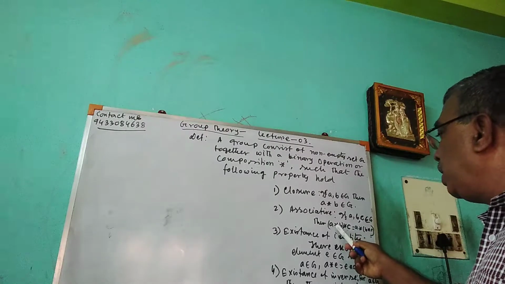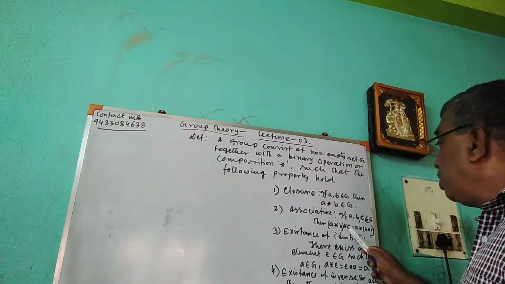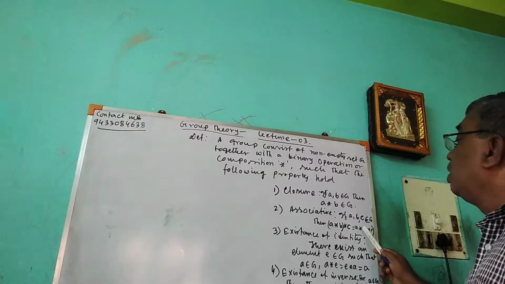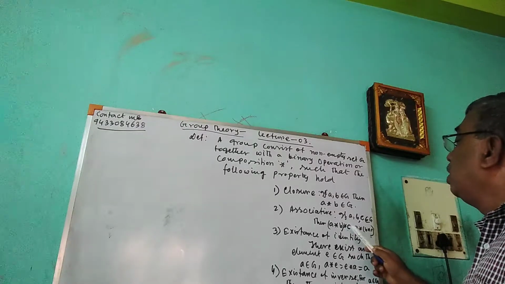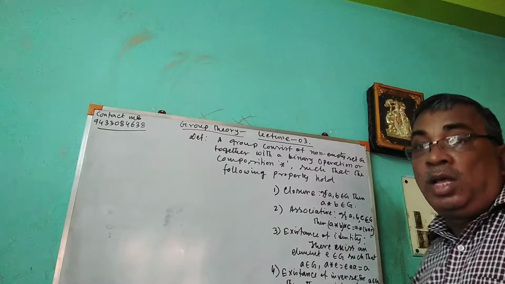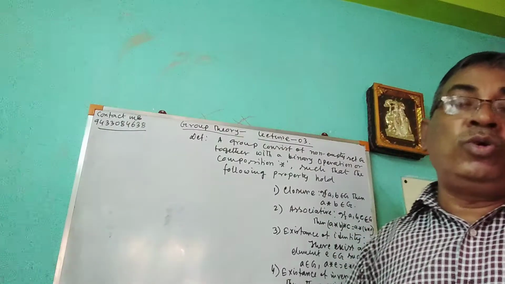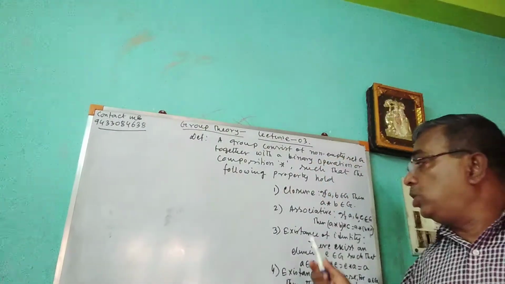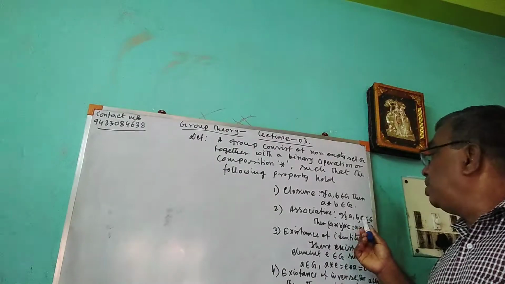If this equals this, then we can say associative property. For associative property, we take three elements from G, that is A, B, C belongs to G.